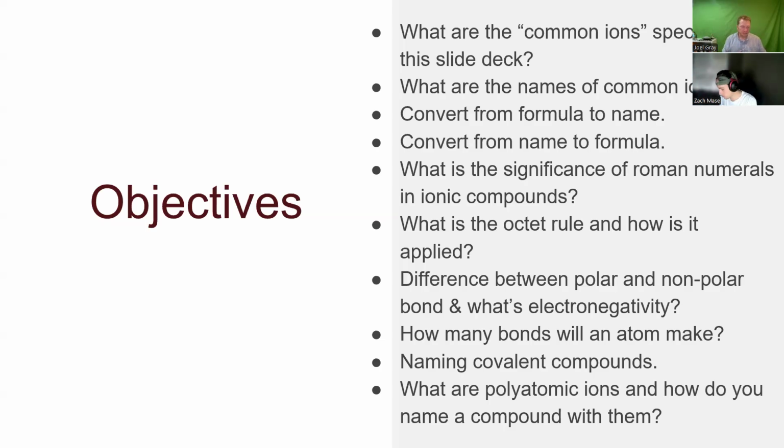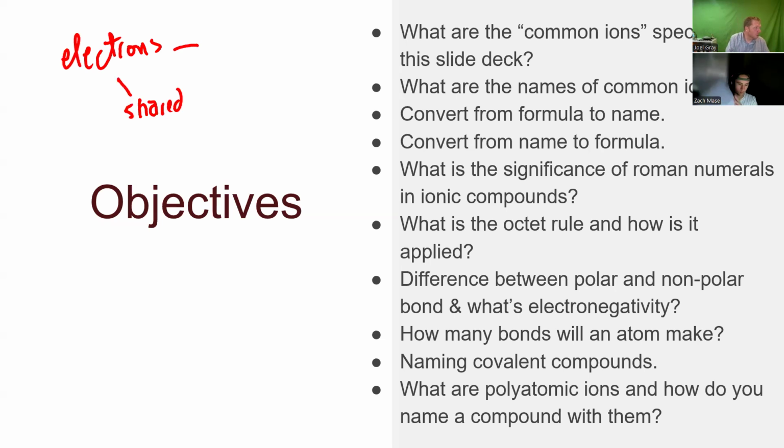Now, all of this collectively leads to how molecules are formed. And what this relates ultimately to is electrons. Are they shared or are they donated? And when I say donated, I mean gained or lost.